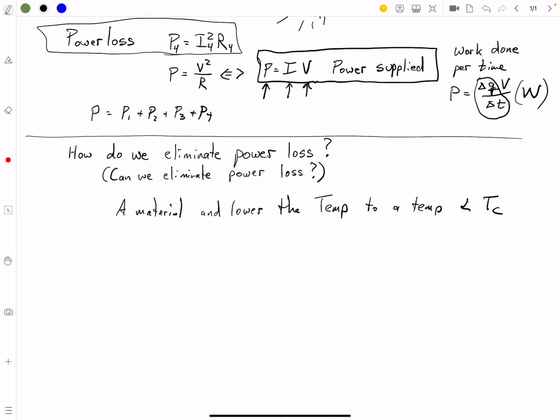Sometimes, depending on the material, the resistance, or let's say resistivity for that material, goes to 0.